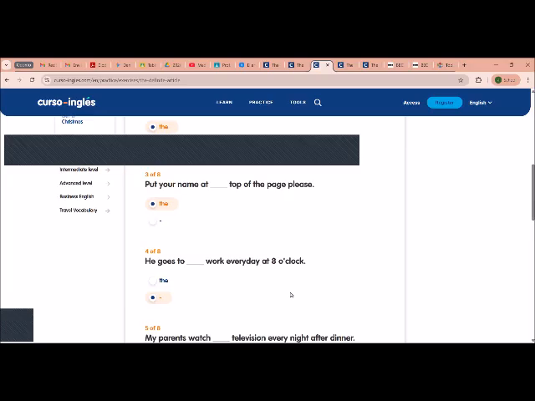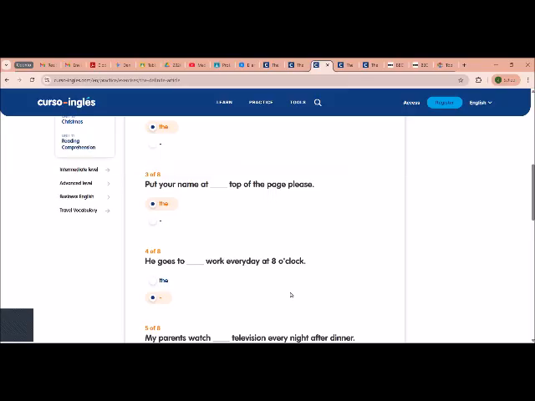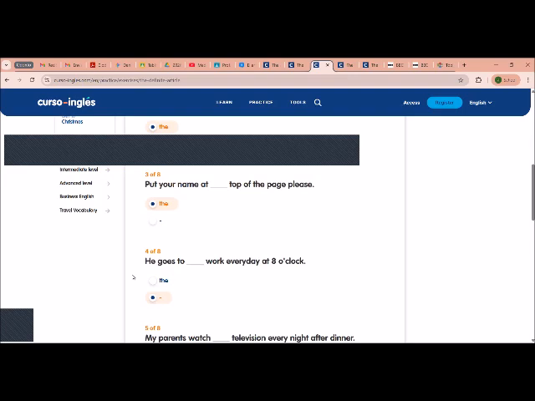Now, if you say to me he goes to the faculty building, you're identifying something specific. But work is a general idea. We don't use it for general ideas. All right, practice with me again. He goes to work every day at 8 o'clock.